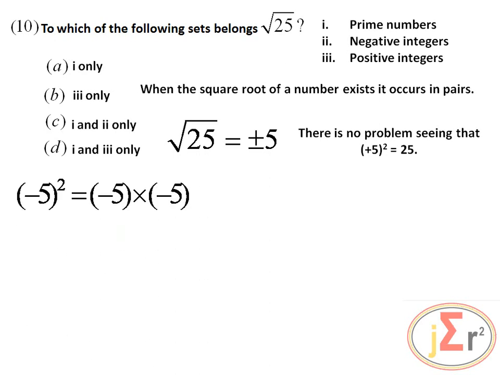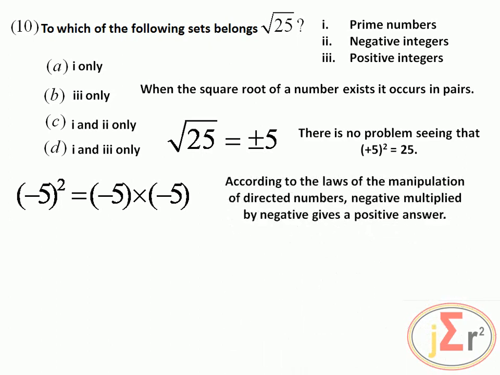And we see that negative 5 squared is equal to negative 5 multiplied by negative 5. So, that is what we have. Negative 5 squared is equal to negative 5 multiplied by negative 5.